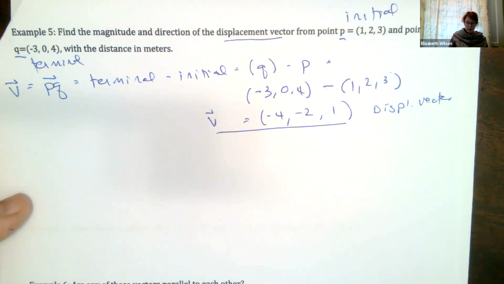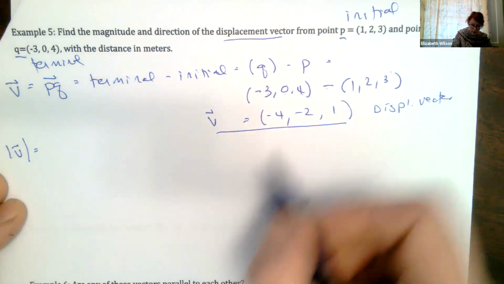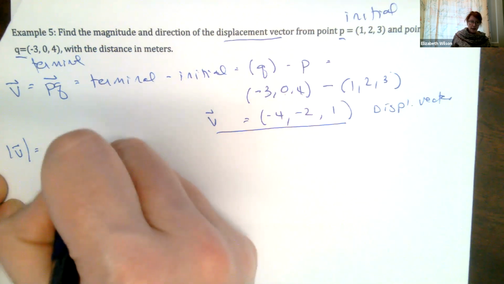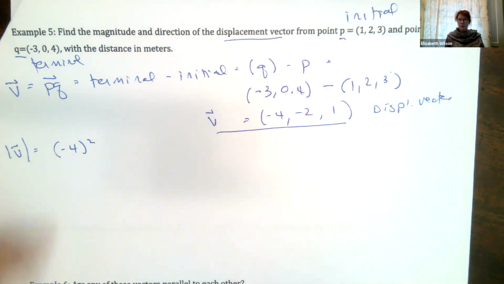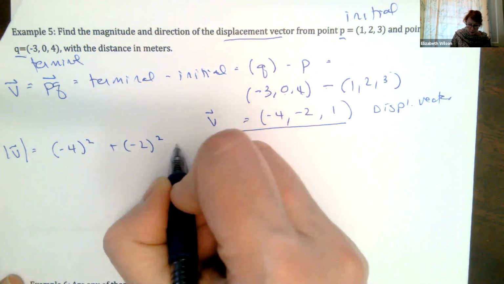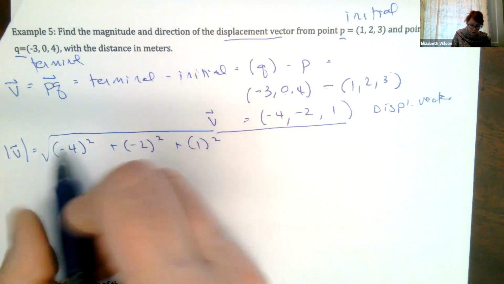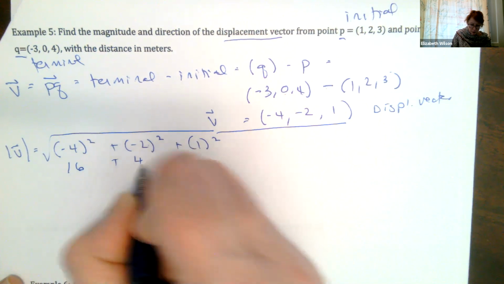To find the magnitude of V, I'm going to take each component and square it, but watch how I'm putting things in parentheses so that I keep my calculator honest if I'm doing this on a calculator, so I don't get a negative magnitude, which would be incorrect. Minus 4 squared, 16, 4, 1.